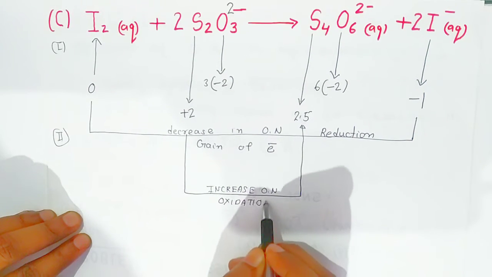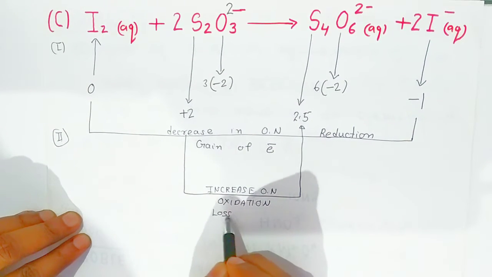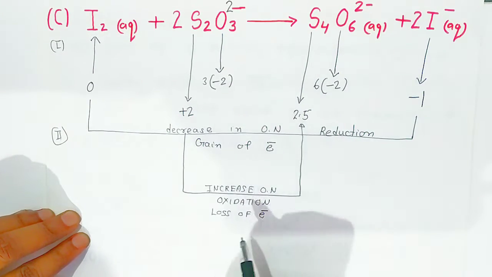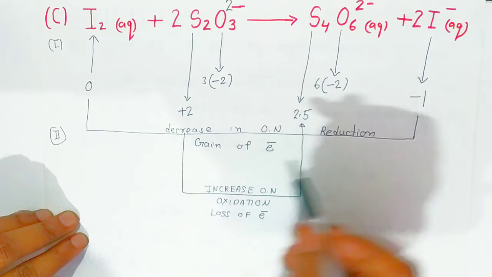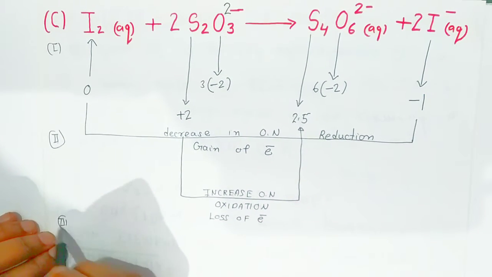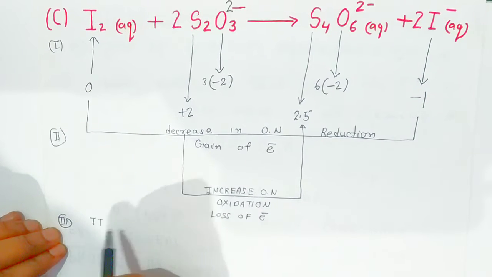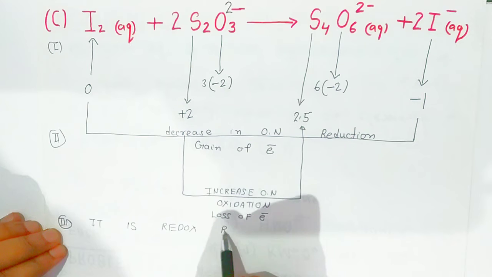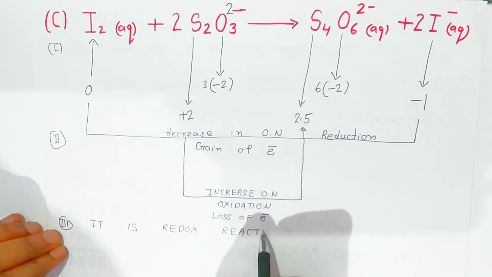Oxidation. That means there is a loss of electrons. Okay, students. That is why the oxidation number increases. That means, students, in this reaction both oxidation and reduction are taking place. So we can say the given reaction is a redox reaction. Okay, students, it is a redox reaction.